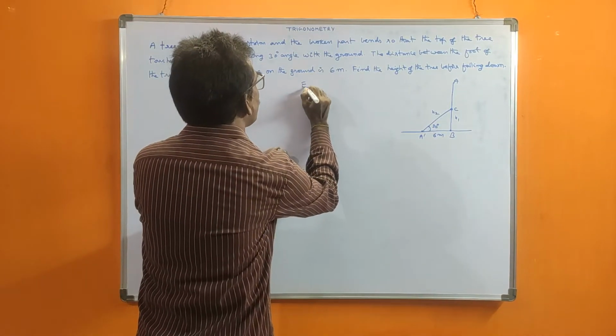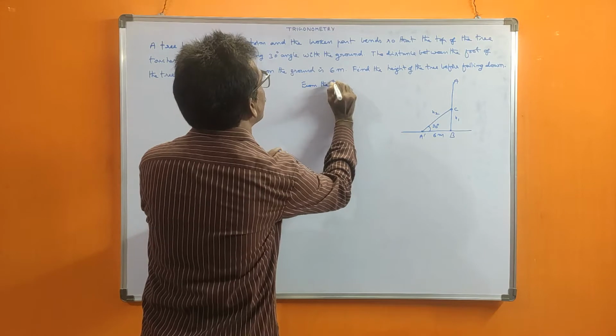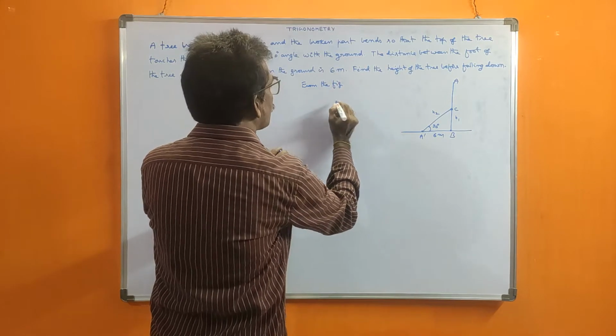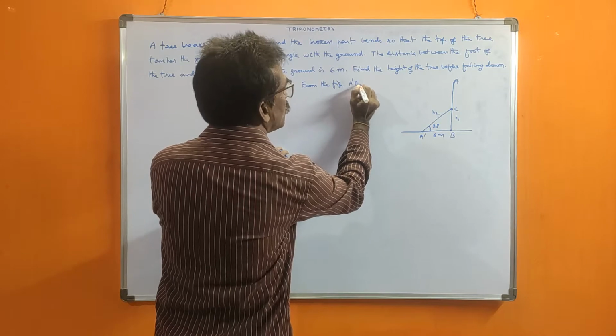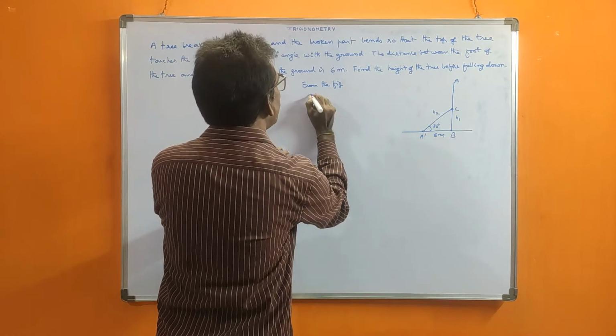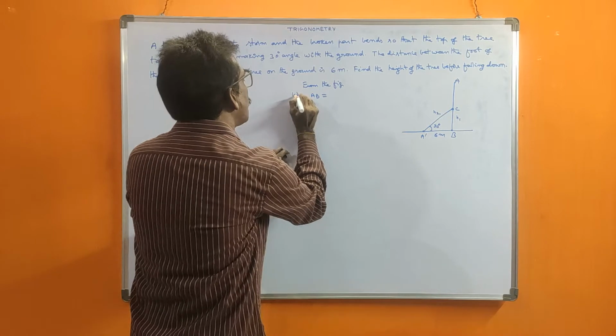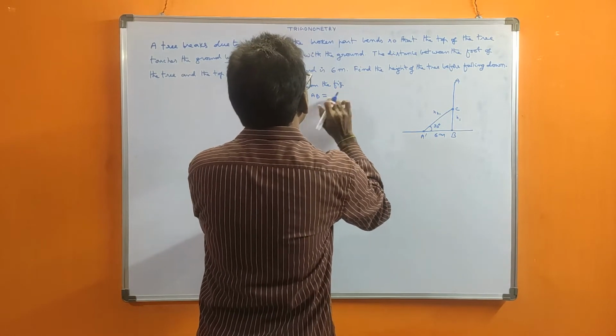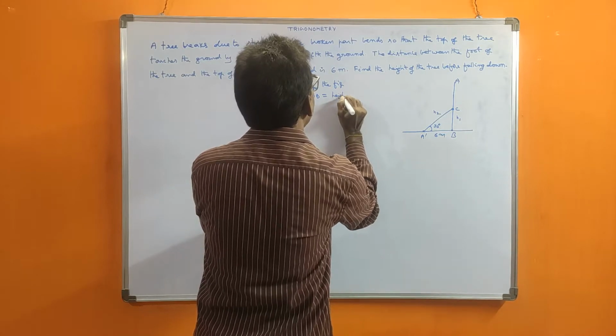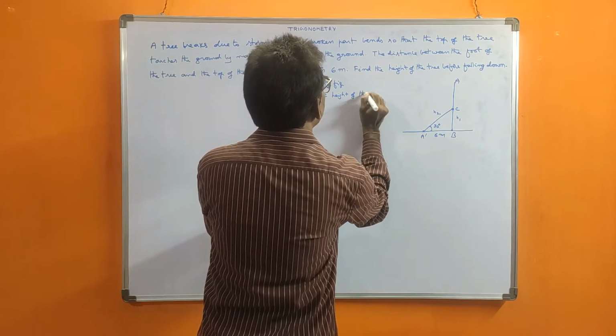See, from the figure, you write. From the figure, let AB be the height of the tree.